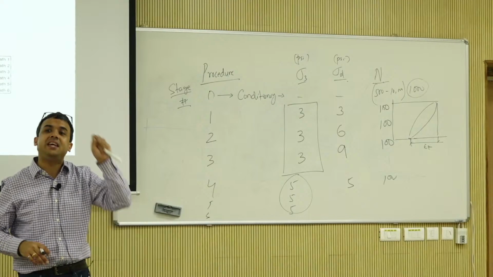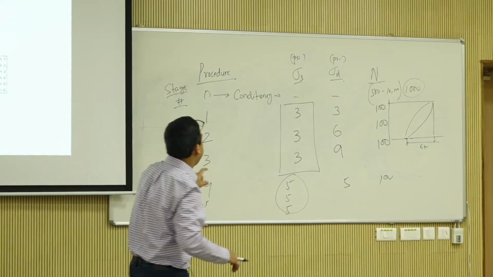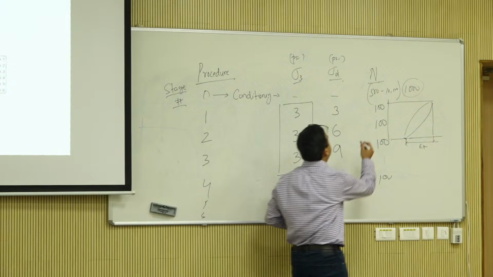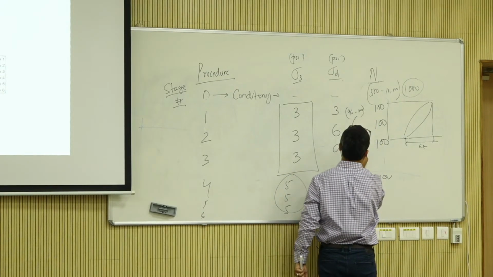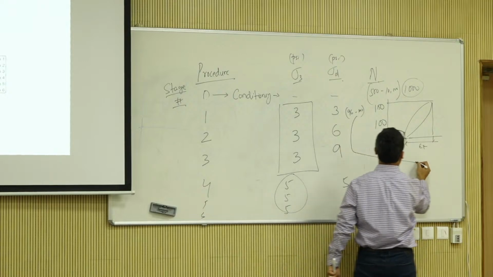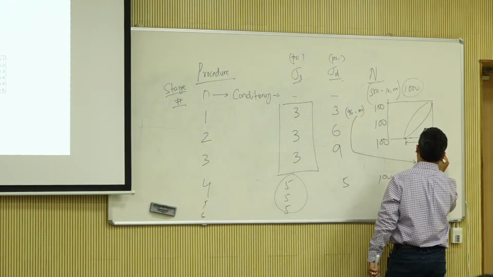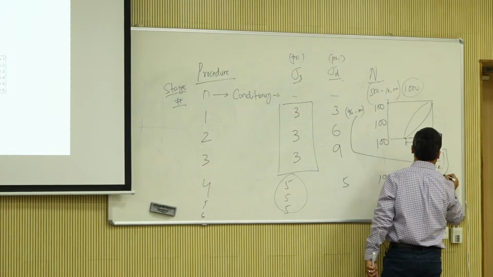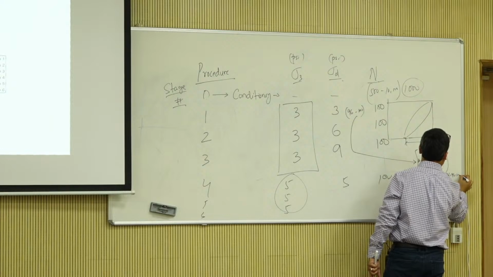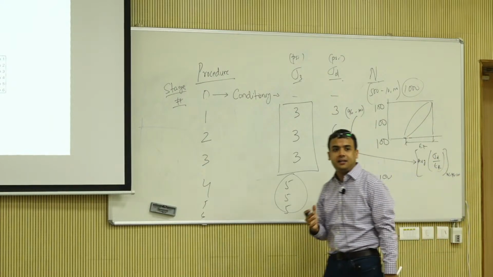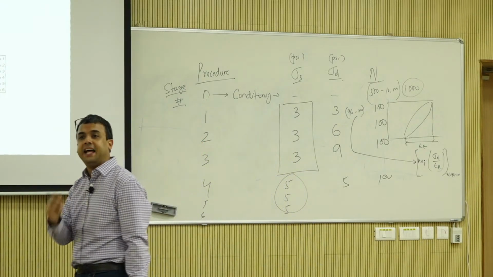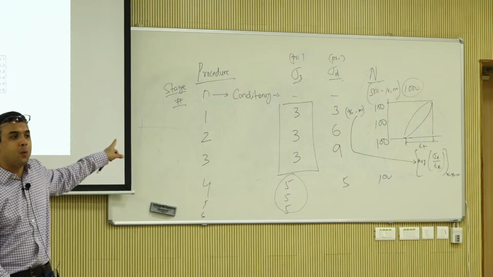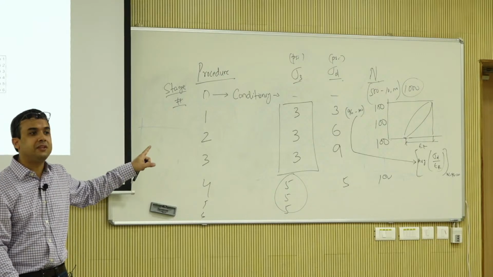For every cycle or for every stress sequence, you take cycles 96 through 100, take the average value of sigma d over epsilon r for each of those cycles, and that you report as your resilient modulus for that sequence.